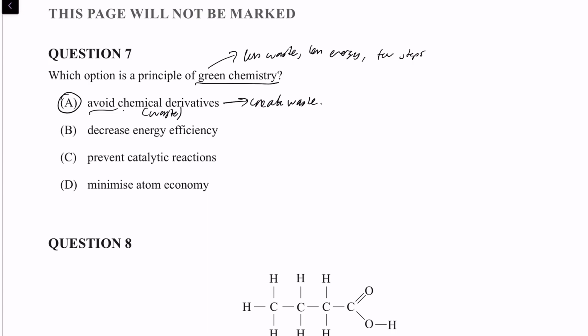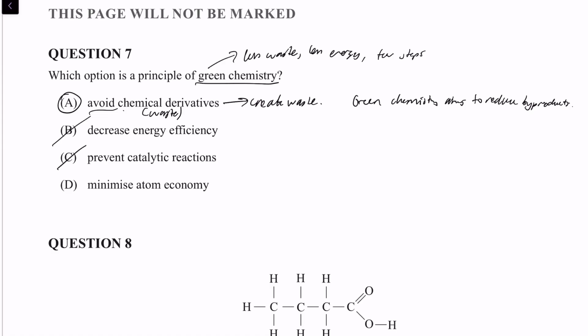And green chemistry actually aims to reduce those byproducts. Option B, where it says decrease energy efficiency, actually we want to be more efficient, so that's the opposite. Option C, prevent catalytic reactions.